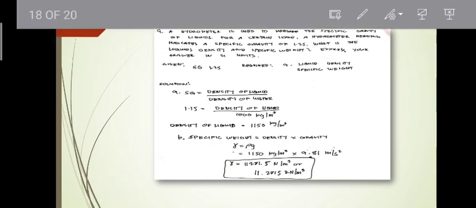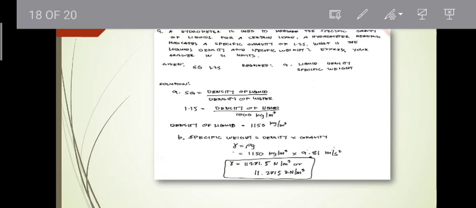Then the SG is 1.25 equals density of liquid over 1,000 kilogram per cubic meter, equals 1,250 kilogram per cubic meter.